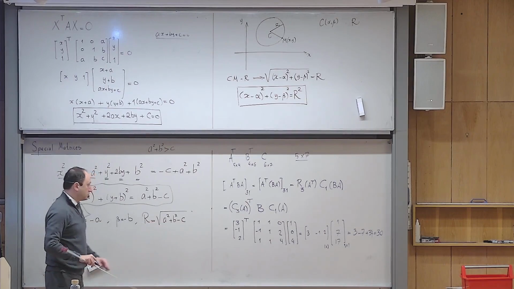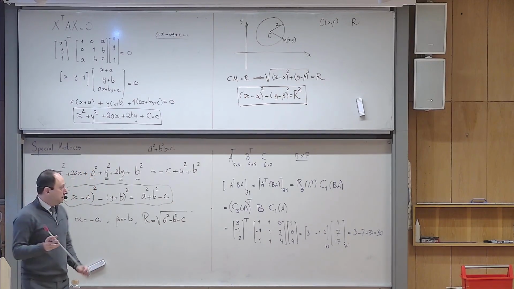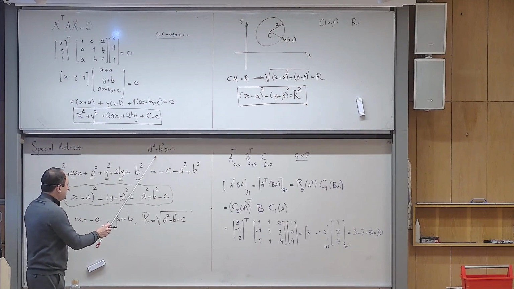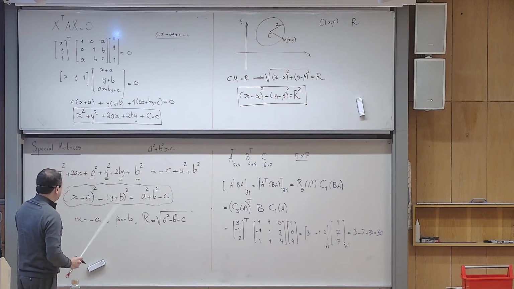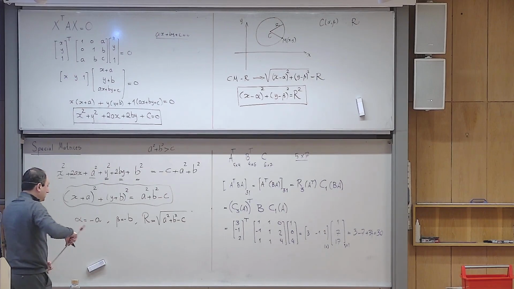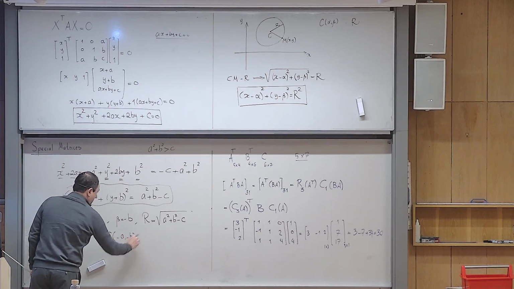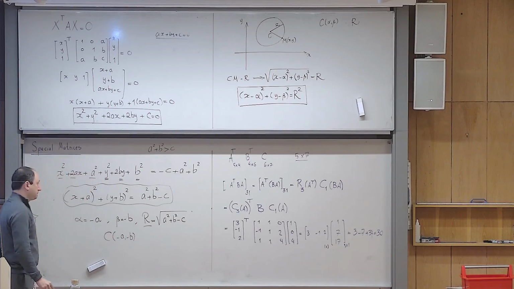I cannot take a square root. What happens in that case, by the way? So in this situation, I proved for you that this equation represents a circle whose center is minus a and minus b, and this is its radius.